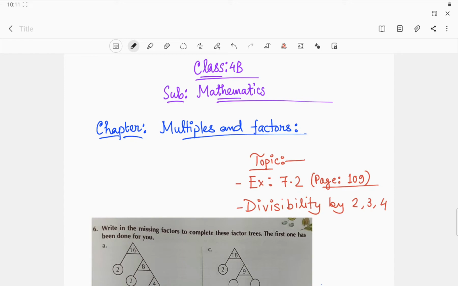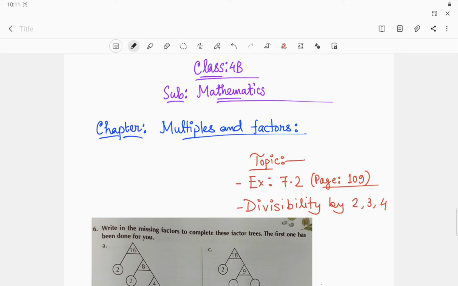You know, we are in the chapter multiples and factors, and in the previous video we already started exercise 7.2, and now today we will finish the problems which are left.